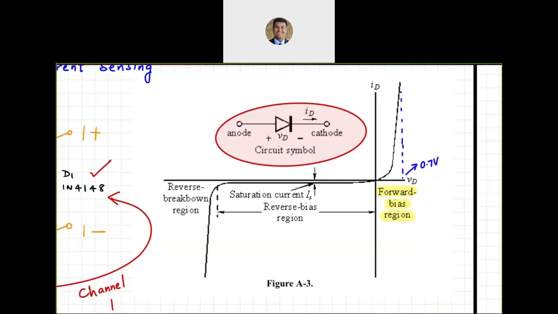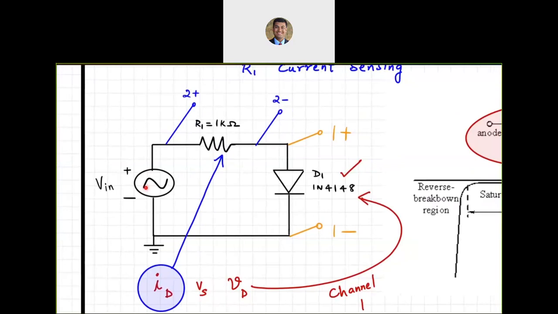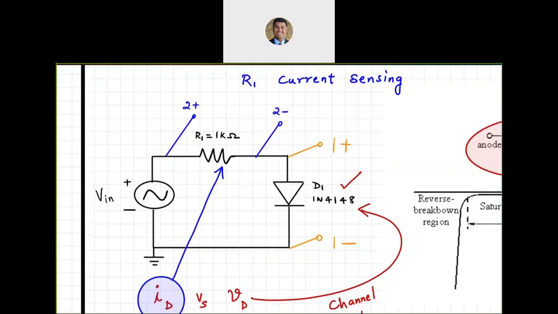For example, can I get 1 volt across the diode? As you can see, you cannot. So if the AC voltage source I had over here was set to a 5 volt supply, then 0.7 volts would go across the diode, and the remaining 4.3 would go across the resistor R1, which is essentially a current sensing resistor.